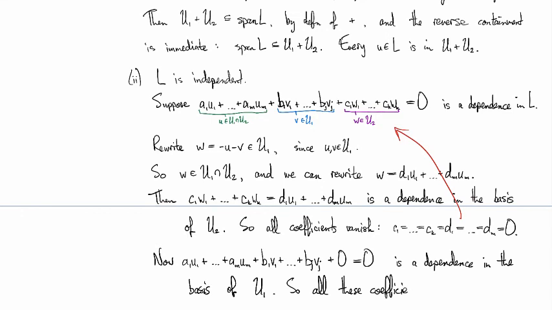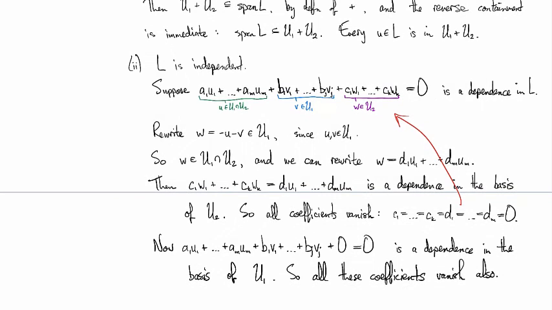So all these coefficients vanish as well. So all the a's and b's are all equal to 0. And then that tells us that in the initial dependence relation in L, all coefficients have to be equal to 0. And so we are done.